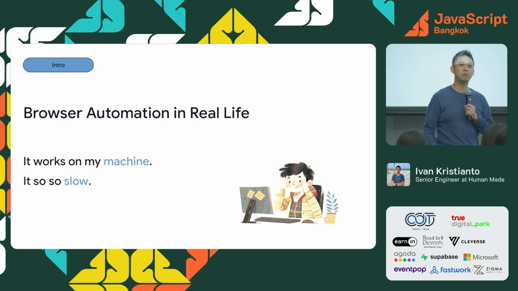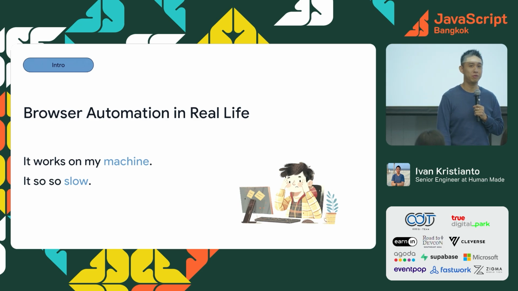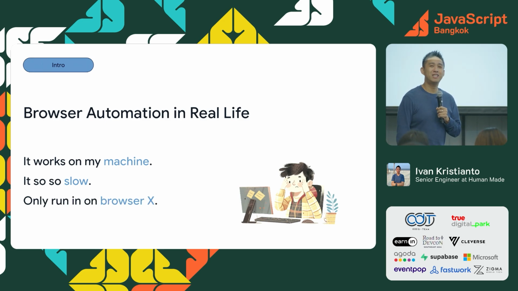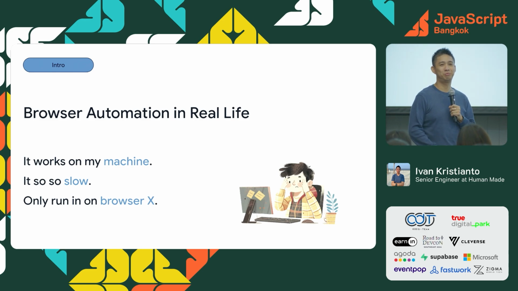Sometimes it burns your GitHub Actions time, and you have to pay a lot more money for it. And it only runs on certain browsers, unfortunately. We have the same problem.